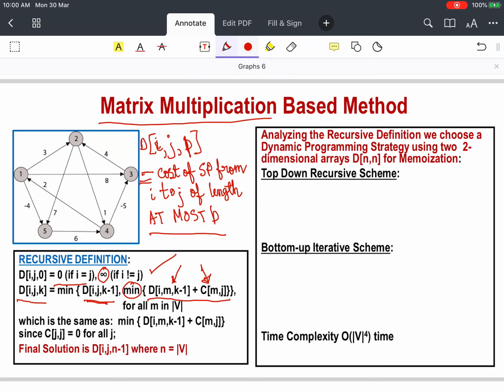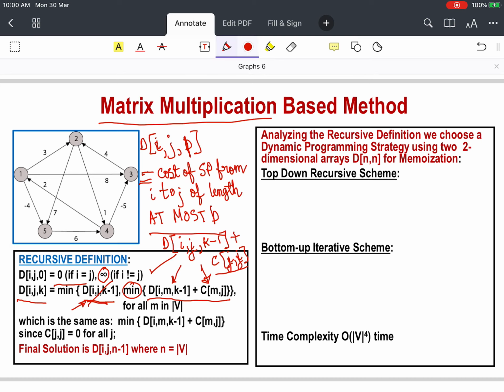Now if you look at this very carefully, since we know that Dijk minus 1 plus Cjj is the same as Dij k minus 1, because Cjj is 0, if we add a 0 to it, that is the same as Dijk.